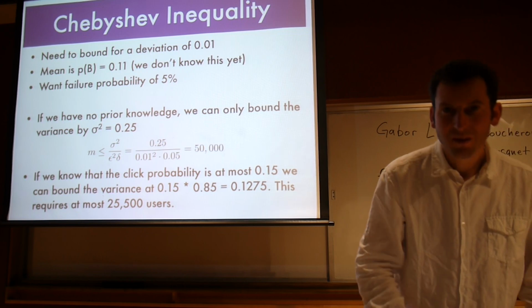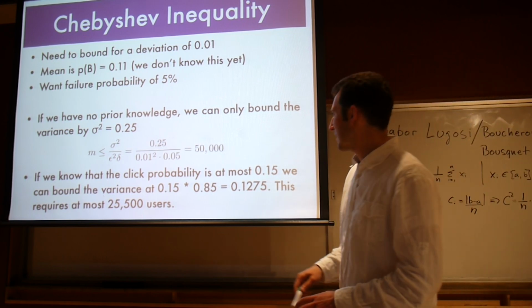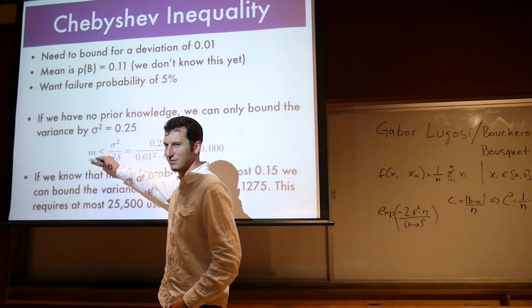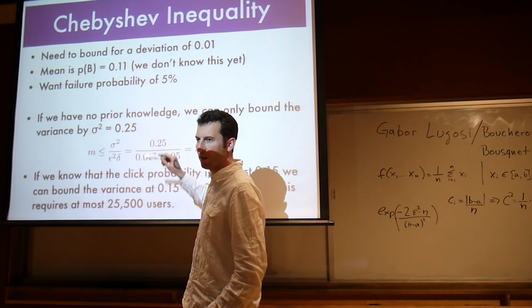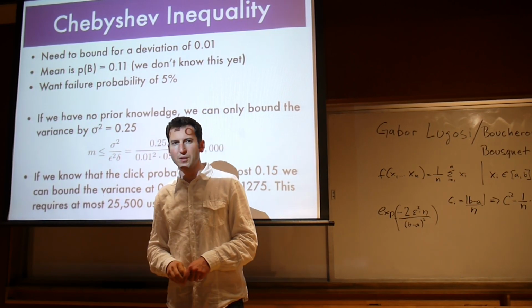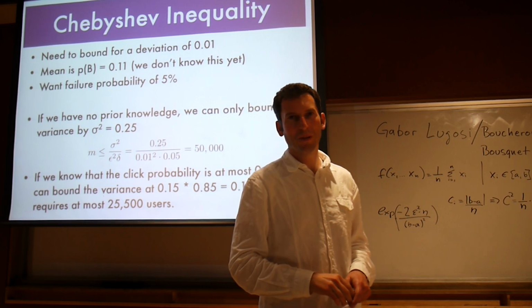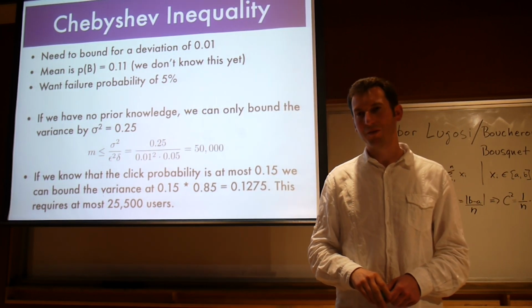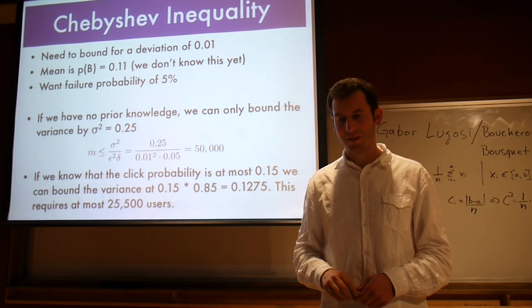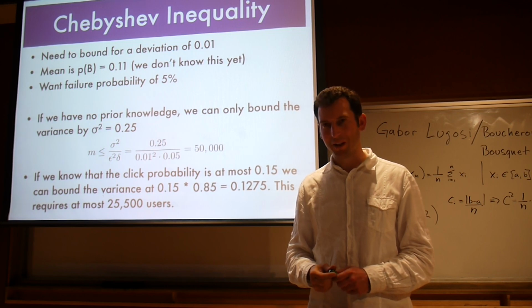How would you know that number? Well, that's exactly what we get from this bound, right? No, I mean, how would you know the upper bound on the probability? So maybe you can reasonably assume that your users are not going to go into a buying frenzy.